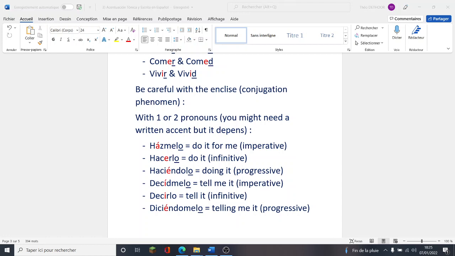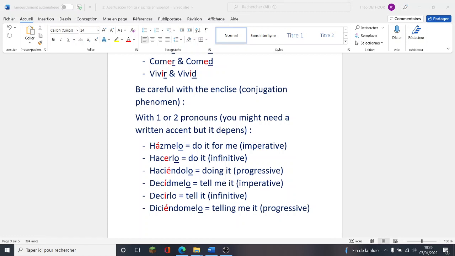And the last one, the sixth one, is diciéndomelo. This is the progressive form of telling me it, and basically we want the E to be stressed, and we need an accent, obviously, because if we don't, it would be the last E, the one of the syllable me, that would be stressed, and we don't want that.